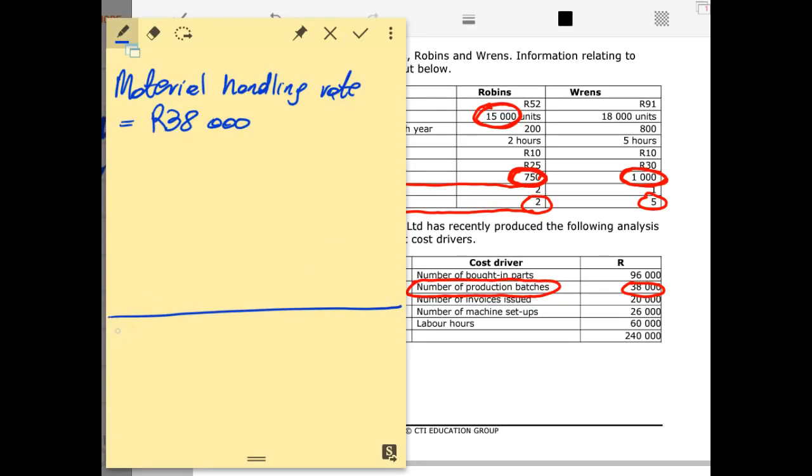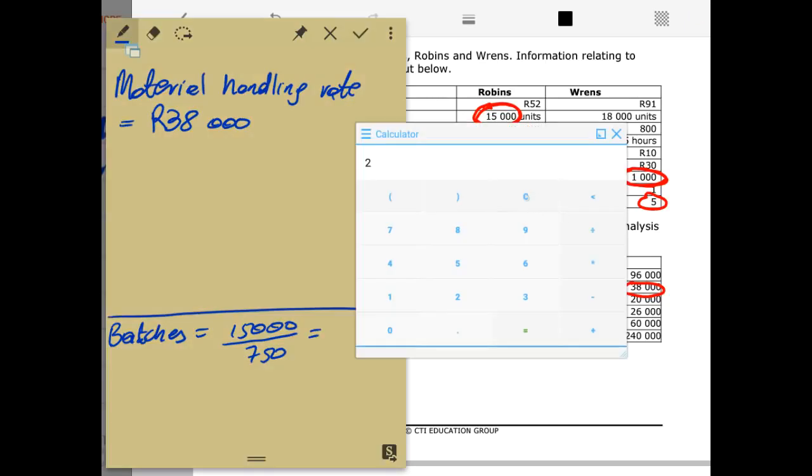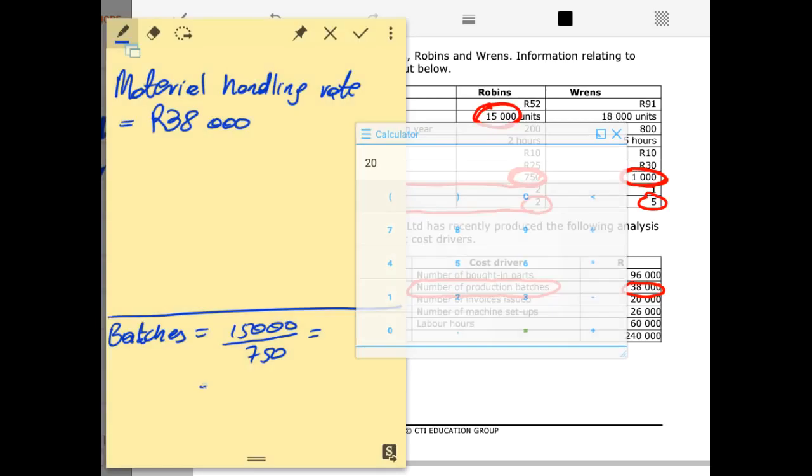If we say we calculate batches, we say the number of units, 15,000 units, and we divide by 750, and if we do that, it will give us batches. 15,000 divided by 750, then we get to 20.